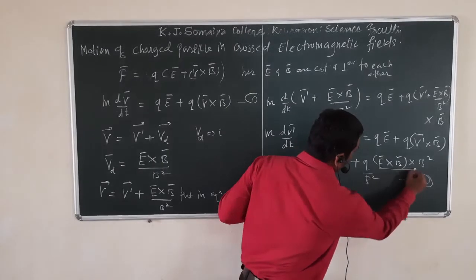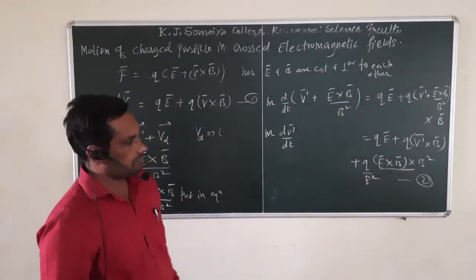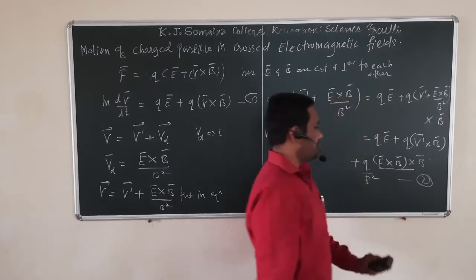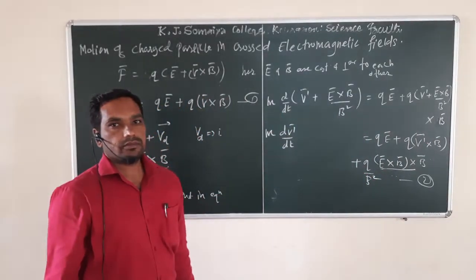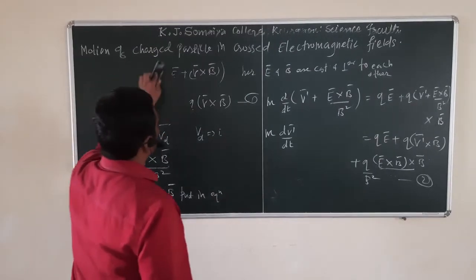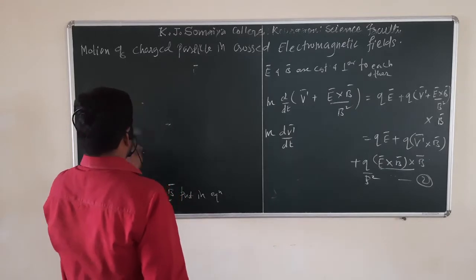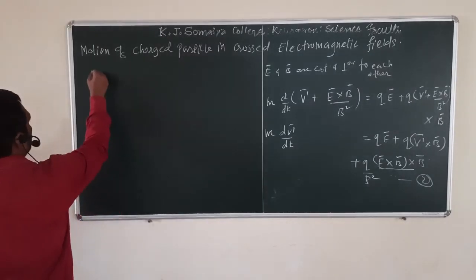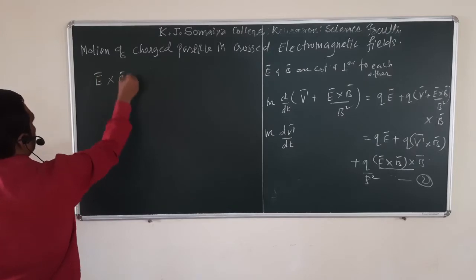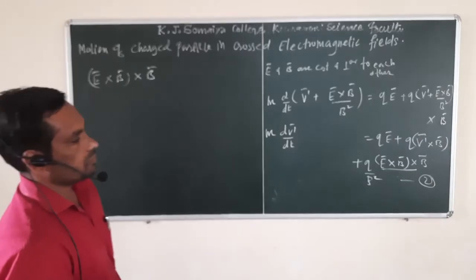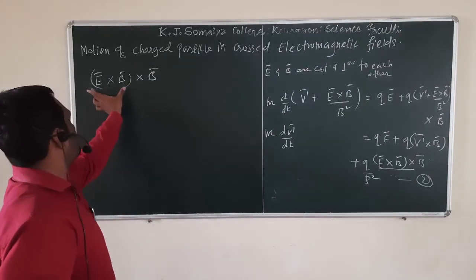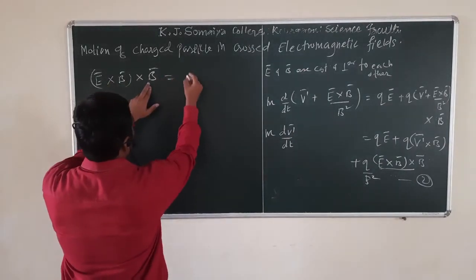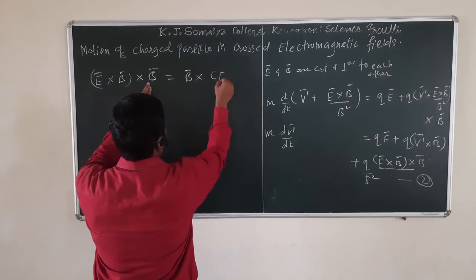Now see, in equation 2, this term E cross B crossed with B. Here we have vector B. So to solve this term, in equation 2 we have E cross B and crossed with B. We know that if you call this vector A and this vector B, A cross B is equal to minus B cross A. You are changing the order, so we can write this as vector B crossed with (E cross B).